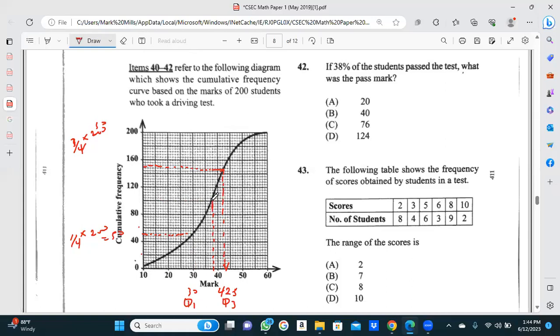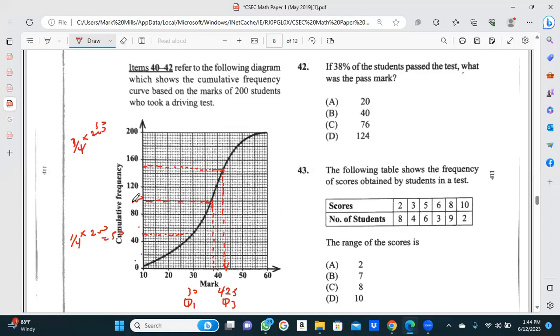What do we get here? 100. The pass mark should be what? 30, but I'm not seeing that. Oh, hold on. Okay, all right. Excuse me, sir, listen carefully.